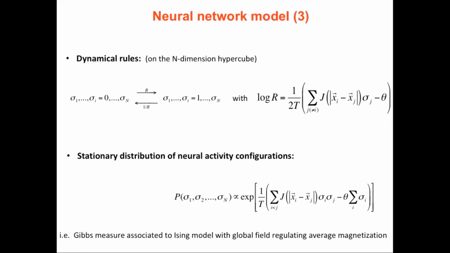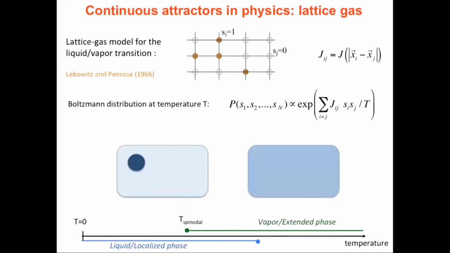So essentially what you get here is what you would expect for the joint distribution of activity of an Ising model with a global field theta, which regulates the average magnetization, and an interaction coefficient, which depends on the distance in physical space attached to the different neurons, sigma i and sigma j. So the connection with statistical physics is here very clear, and this is actually why I built this model.